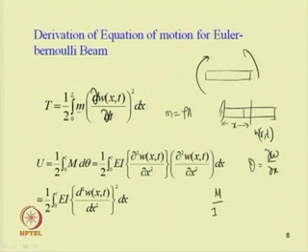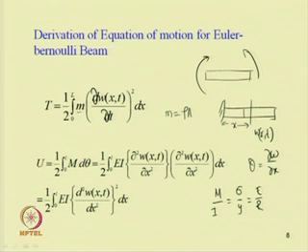From the pure bending equation, M by I equals sigma by y equals E by r. So here M will be equal to E I by r. 1 by r, that is the curvature, can be written as del square w by del x square. So one can write M equal to E I del square w by del x square, and d theta will be equal to del square w by del x square again.